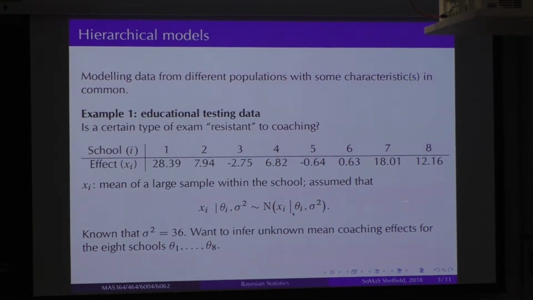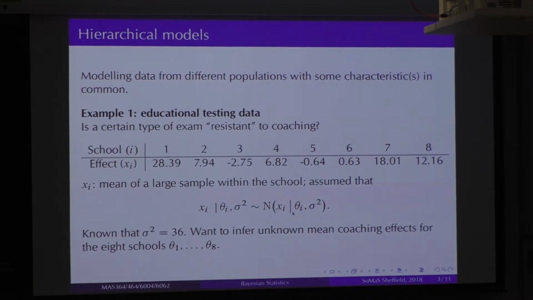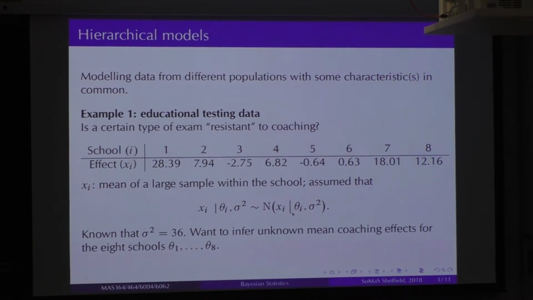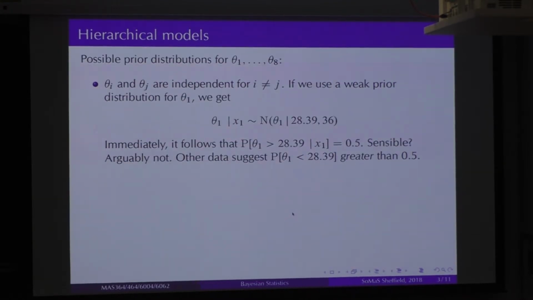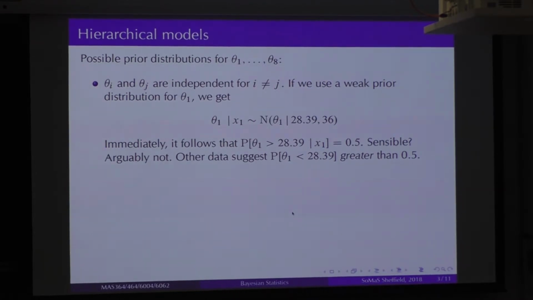So we need priors. We have one observation per school, and we have one mean per school, okay? So in principle, we have the same number of observations as the parameters that we have, okay? We need priors on these theta i's. Okay? So the first thing, and that's probably what we can do right now, is to assume that all of these thetas are independent, and if we don't know anything about the thetas, then we can use a flat prior, basically, Jeffreys prior, okay?